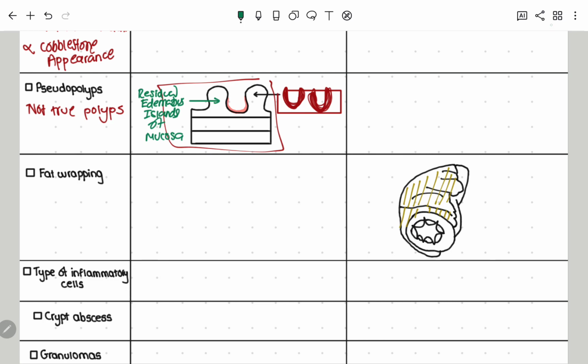But a polyp is by definition an outpouching of the mucosa. In this case, there is absolutely no outpouching taking place. It's just that you have defects surrounding these edematous islands of mucosa, making it look as if you have polyps. And so this is obviously only going to be seen in ulcerative colitis. It's going to be absent in the case of Crohn's disease.